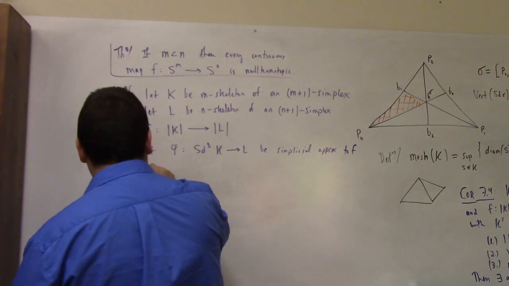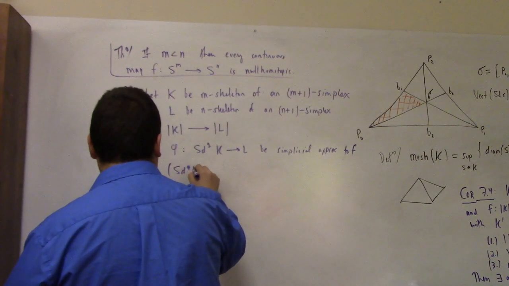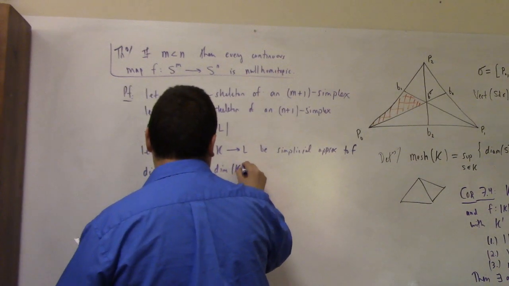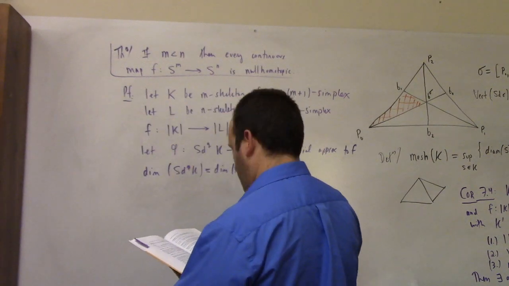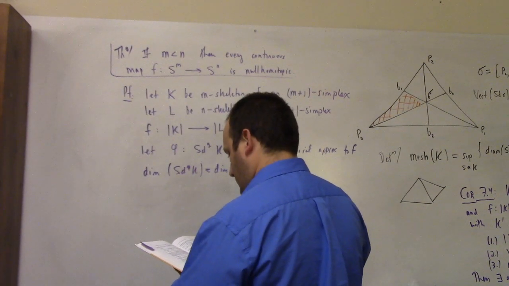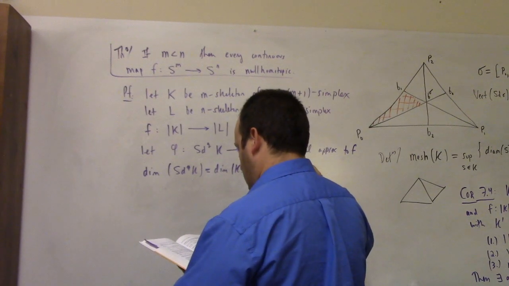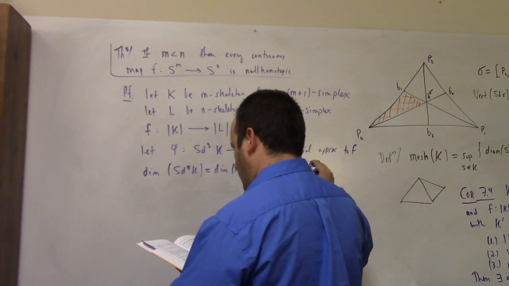Since the dimension of SD^q K is equal to the dimension of K, which is equal to m, we can work an exercise to show that the image of bar phi, the induced map, what's that bar on phi mean?